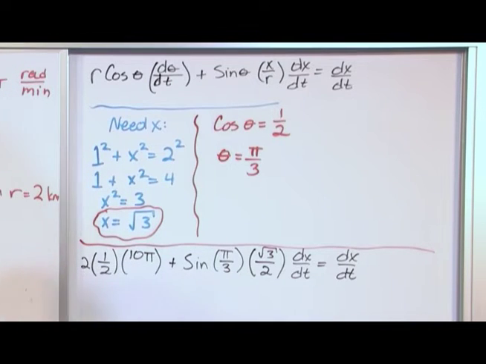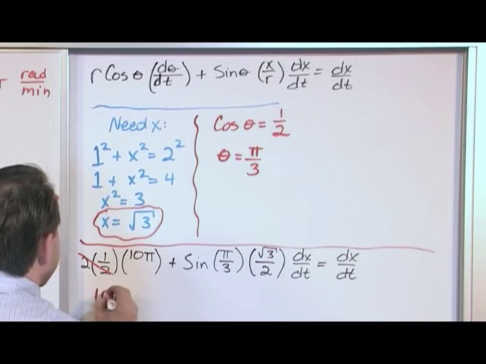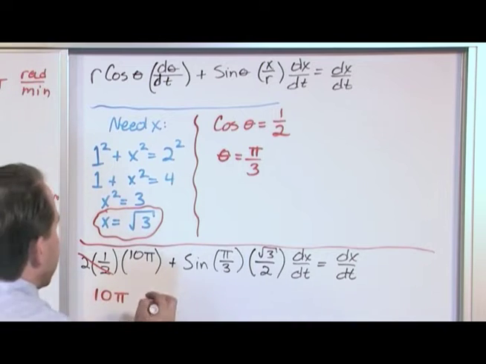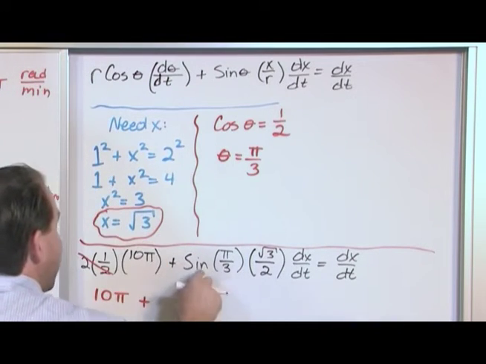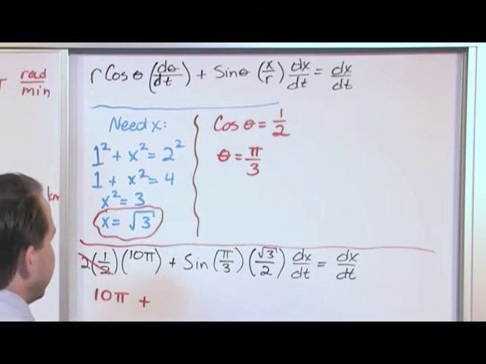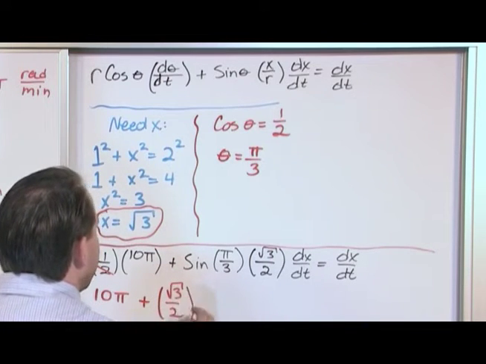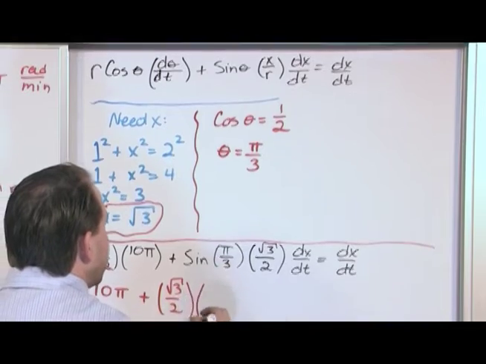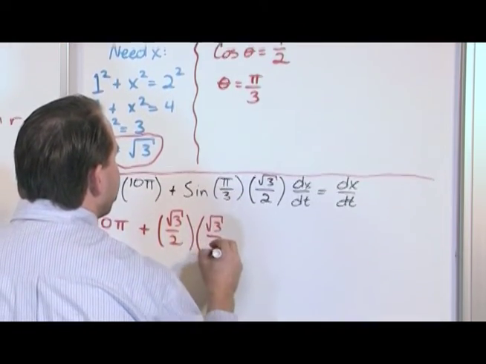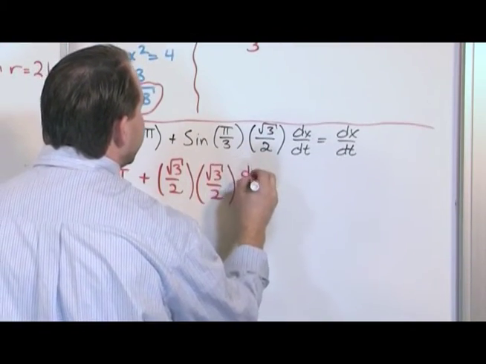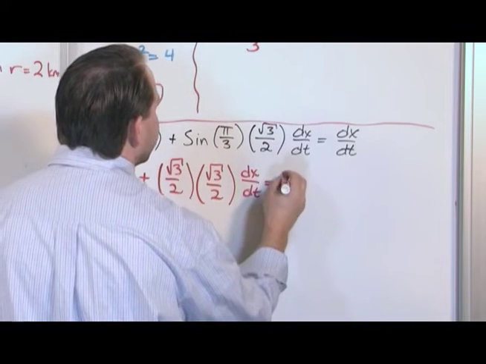So the 1/2 is going to go out with the 1/2. What I'm going to be left with is 10 pi plus, what is the sine of pi over 3, or the sine of 60 degrees? That is going to be square root of 3 over 2 also. Multiplied again by square root of 3 over 2 times dx dt is equal to dx dt.